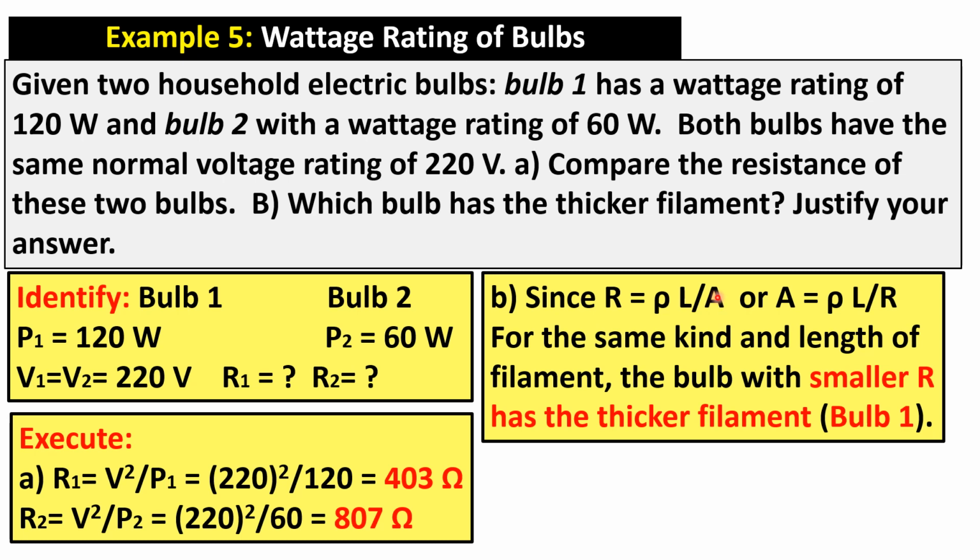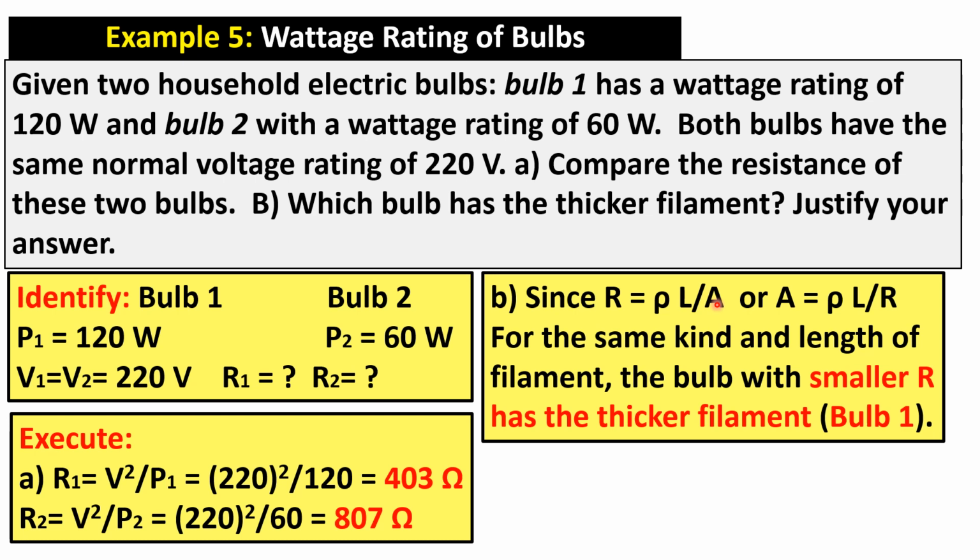So imagine the filament to have a cylindrical shape, and therefore it has a certain thickness. The cross-sectional area simply means we are getting the area of that circle, which describes the cylindrical shape of the filament.